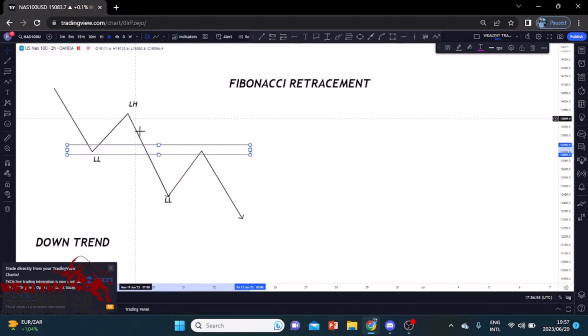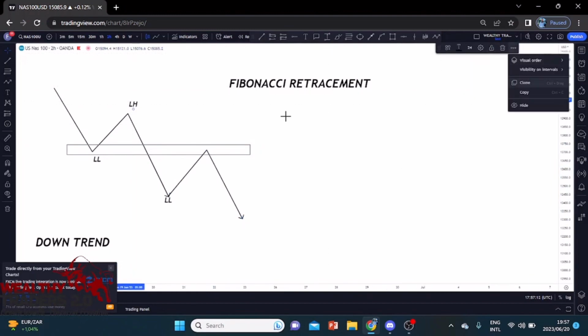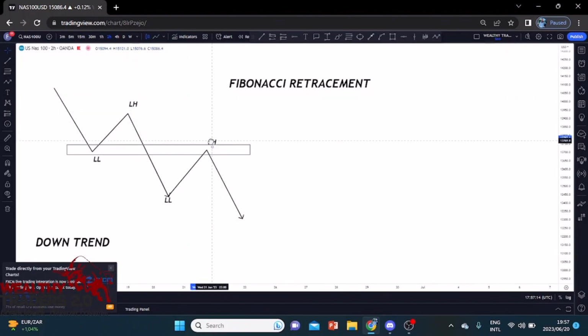The price broke the previous support and now it's acting as the current resistance to push the price to the downside. And not forgetting that we have created your new lower high.